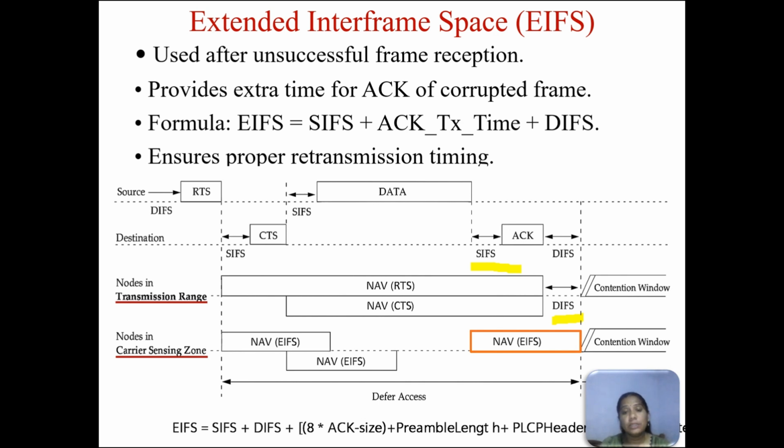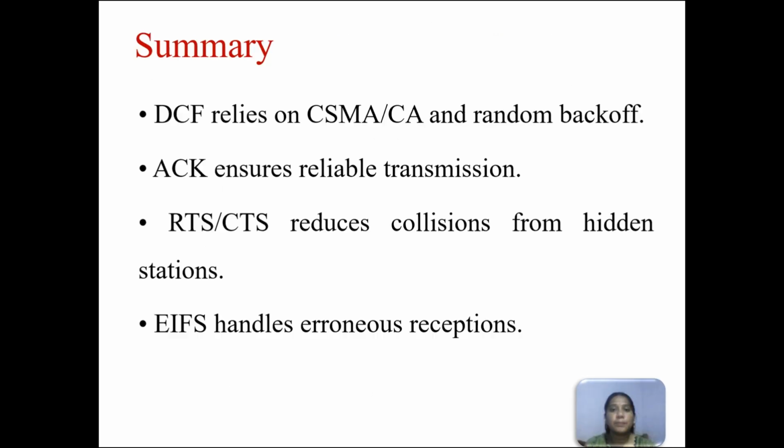This will allow the particular destination to decode its data, and if it is correct, it will again send the acknowledgement within the period of EIFS. Then the contention window will run, and according to that we can proceed further.